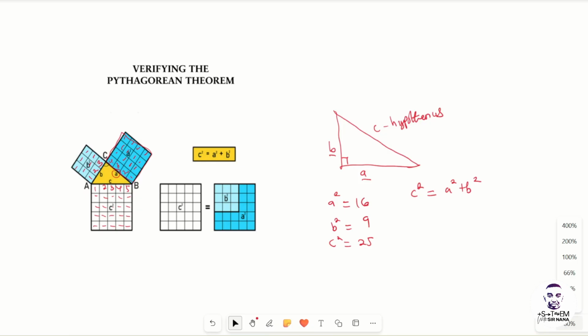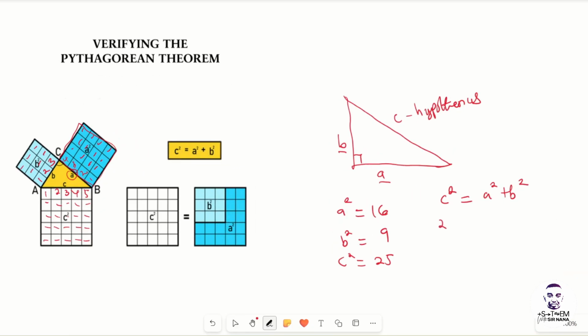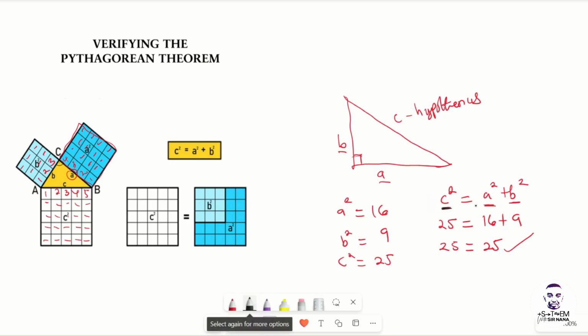Then it's equal to our A squared, which is 16, and our B squared, which is 9. What is 16 plus 9? We see that 25 is equal to 25. Hence, we have been able to verify that, provided it's a right angle triangle, C squared is equal to A squared plus B squared. And this represents our Pythagorean theorem.